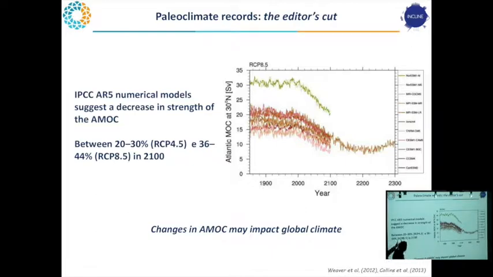The decrease can be between 20 and 30% in scenario RCP 4.5 and 36 to 44% under RCP 8.5. So we can have, according to these simulations, up to a 44% decrease in the strength of this circulation. Obviously, this huge amount of heat that is transported to the North Atlantic and the Northern Hemisphere under strong AMOC will no longer be transported, and this may have a major impact on the global climate.